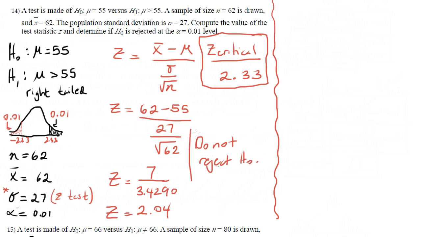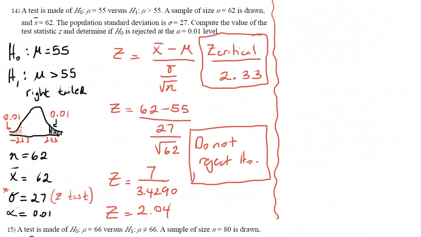Do not reject H sub 0. There's not sufficient evidence to reject that null hypothesis. Or if this was the claim, there's not sufficient evidence to take that claim as true.